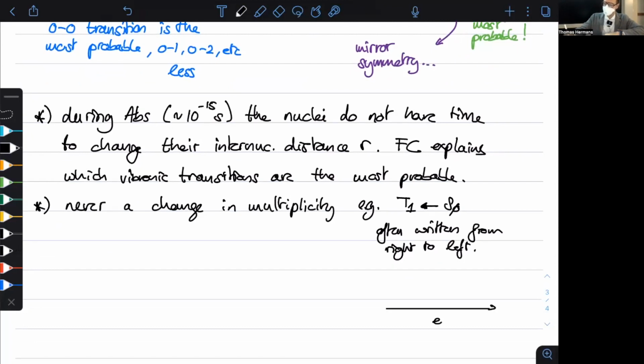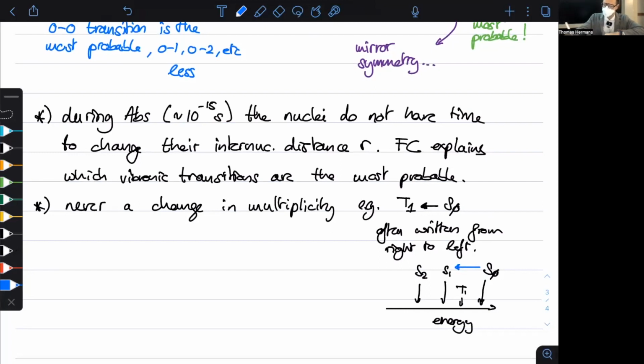If you think about it in energy, if I draw some states here, S1, S2, then when you absorb, which is blue, you go here.